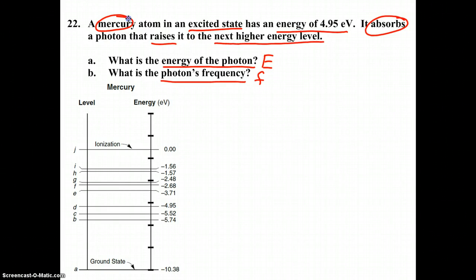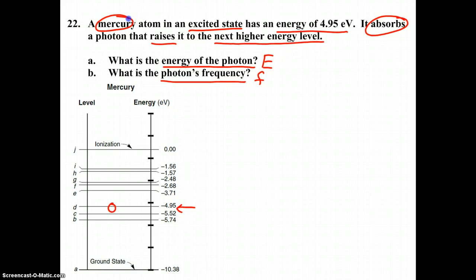All right, rereading the question here and using the diagram. I'll draw on this diagram. I would encourage you not to do that in your reference table. It says the mercury atom is in an excited state at 4.95 electron volts. Well, we look in the energy level diagram, and that, of course, is right there.